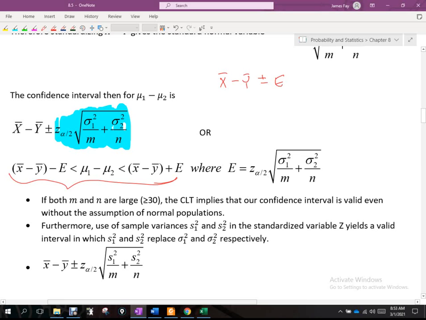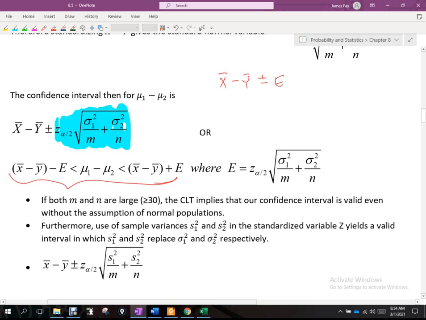If both m and n are large, which means for us, because of the critical value being 30 for the central limit theorem, if our m and n are both 30 or greater, the central limit theorem implies that our confidence interval is valid even without the assumption of a normal population. Basically all that says is if we see that we've got two samples and we know they're both greater than 30, then the problem does not have to say that the population is normal. Does that make sense?